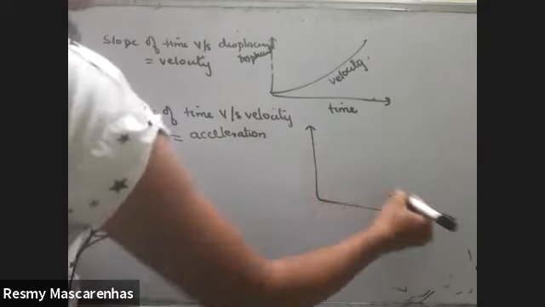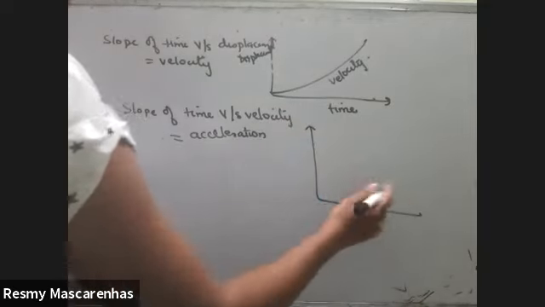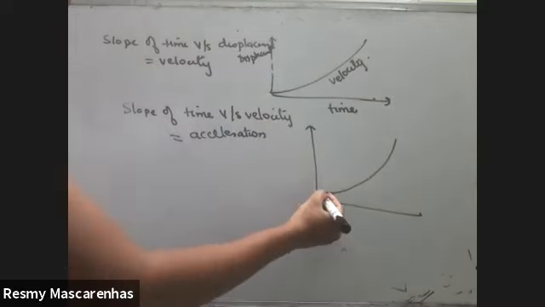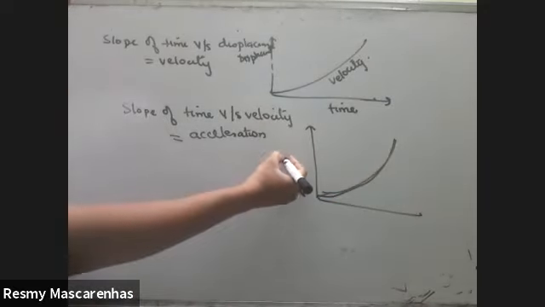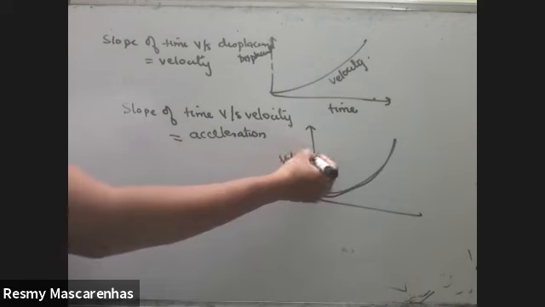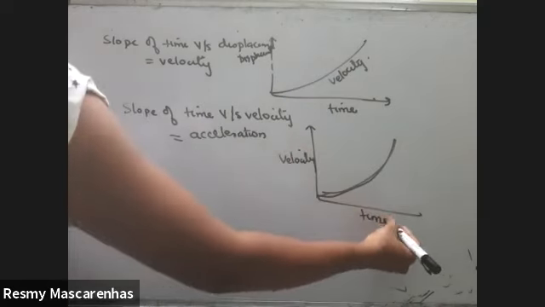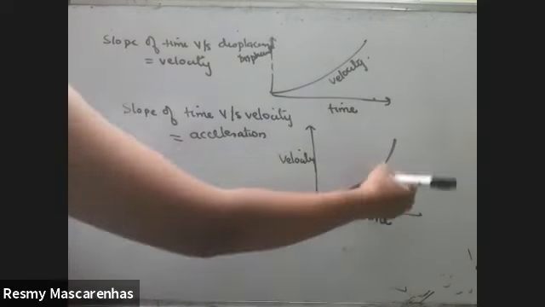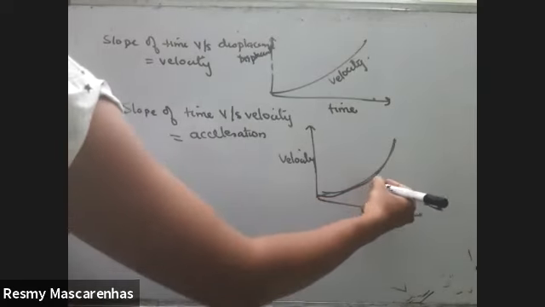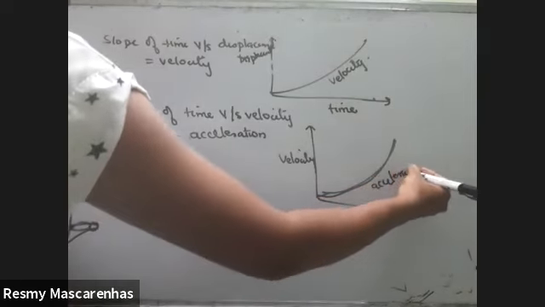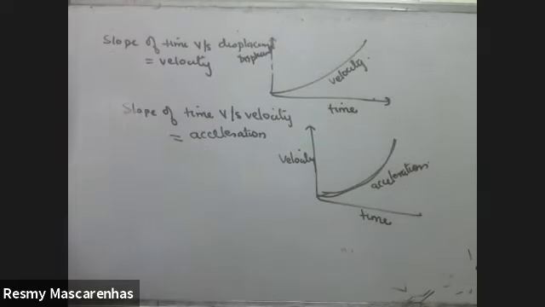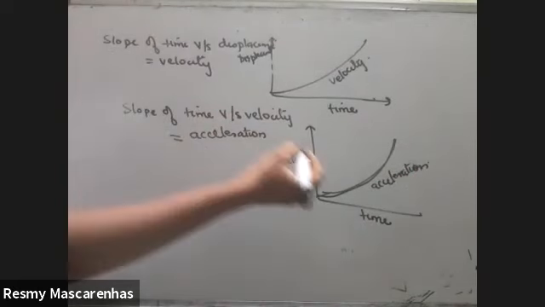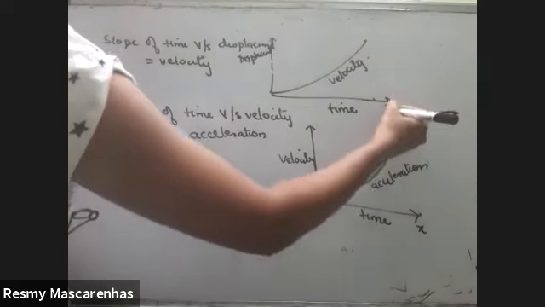Anyway, doesn't matter. This is just an example. So this will be velocity if you plot here, if you put time here, and if you are getting a graph like this, the graph is always called the acceleration. X-axis is always fixed.